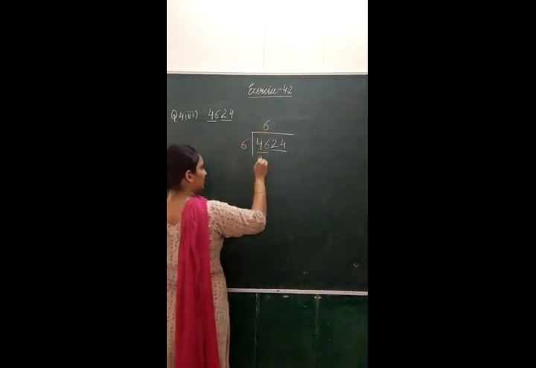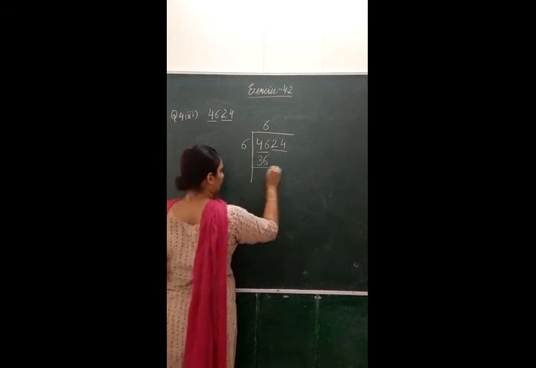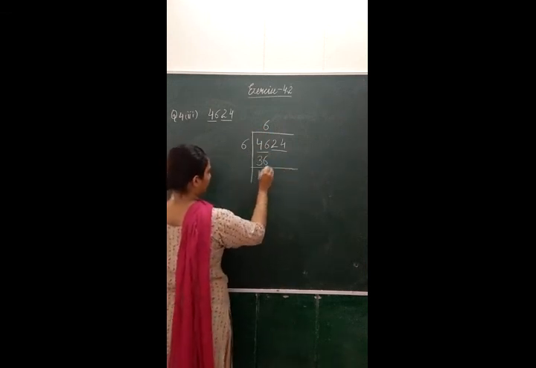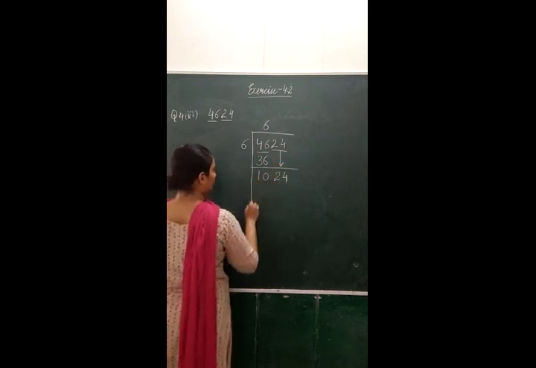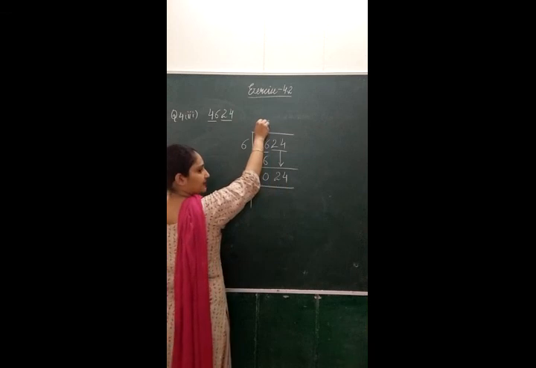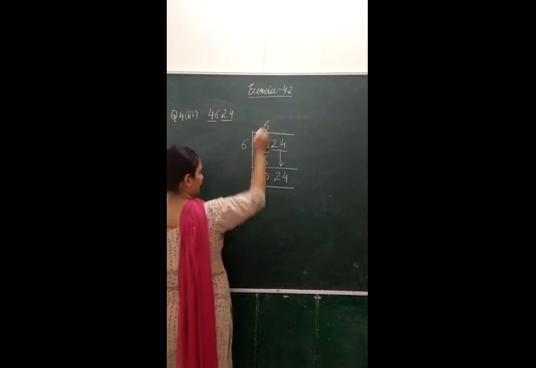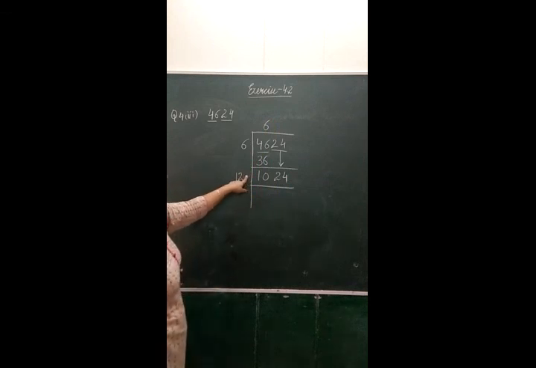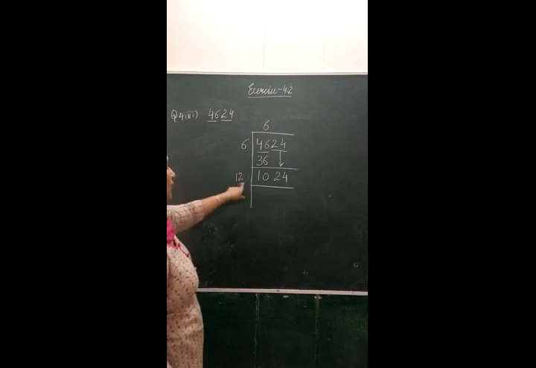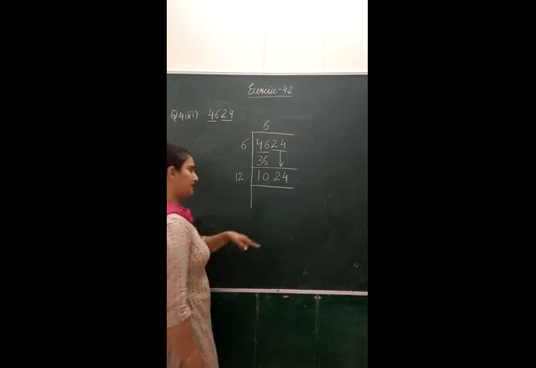6 6s are 36. Now take the difference. It is 10. Now bring this period down, 24. Now double of 6 is 12. Now we have to find what number we should write here, such that when we multiply this whole number with that particular number, we get this number or less than this number.